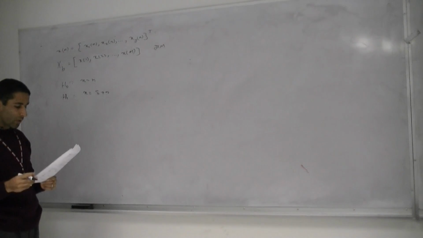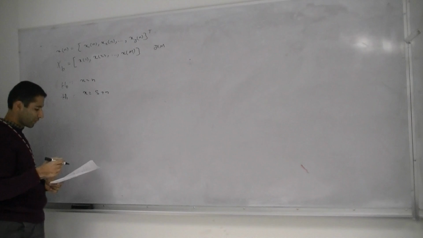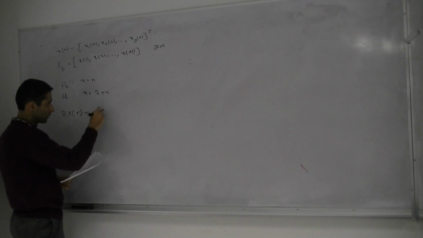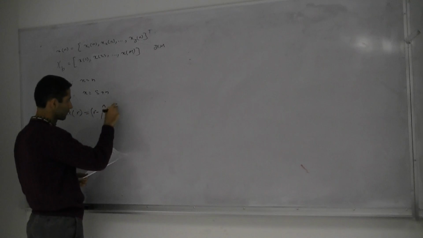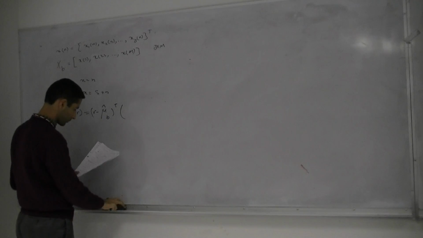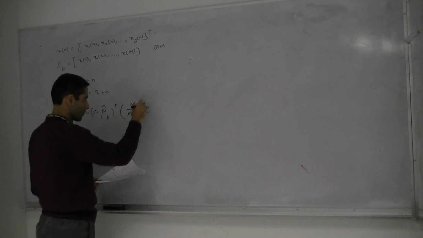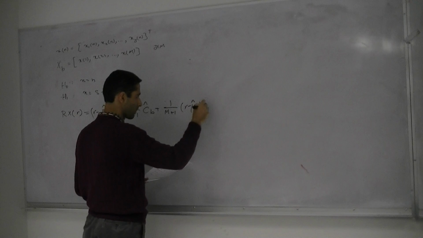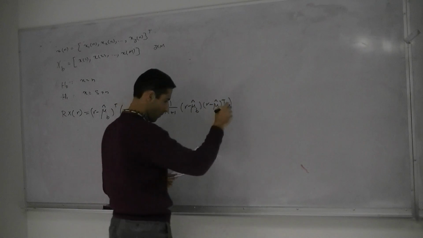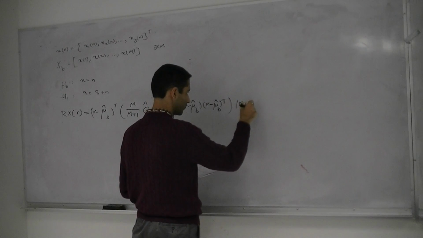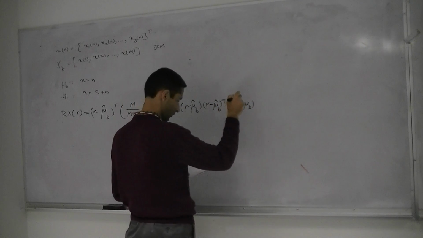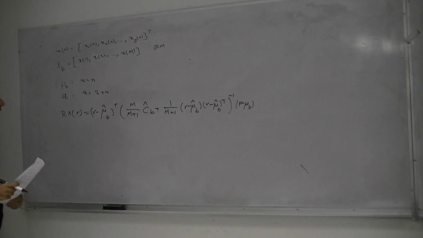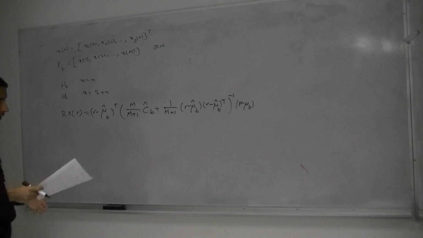The RX algorithm, the conventional, first version of the RX algorithm, uses this equation, r minus... for detection of the signal in all the data.